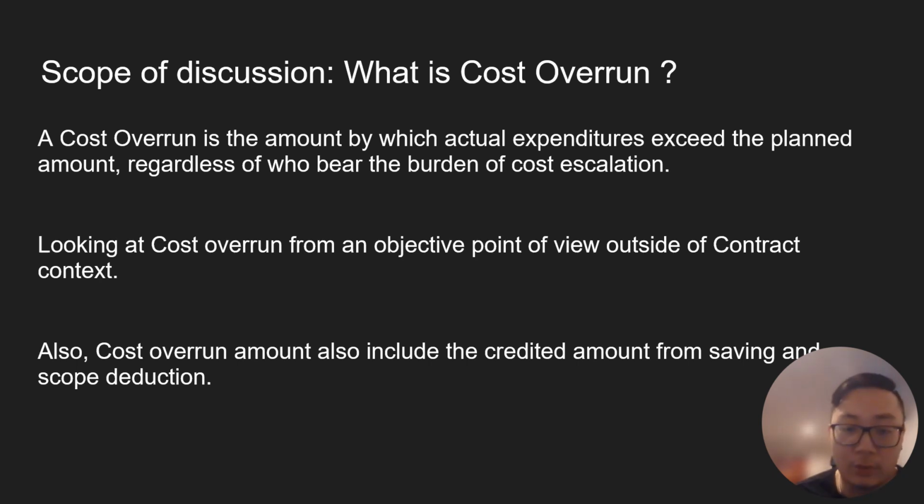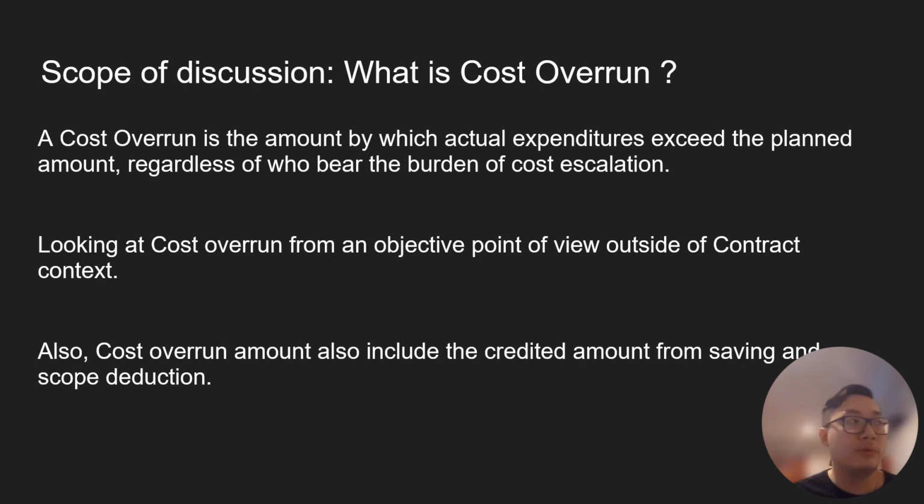So, in this presentation, we'll be looking at cost overrun outside of the contract context. For example, we are not looking at, let's say, an owner hiring a GC to do the project, but there's a cost escalation on the owner side because the GC raised a couple of change orders.